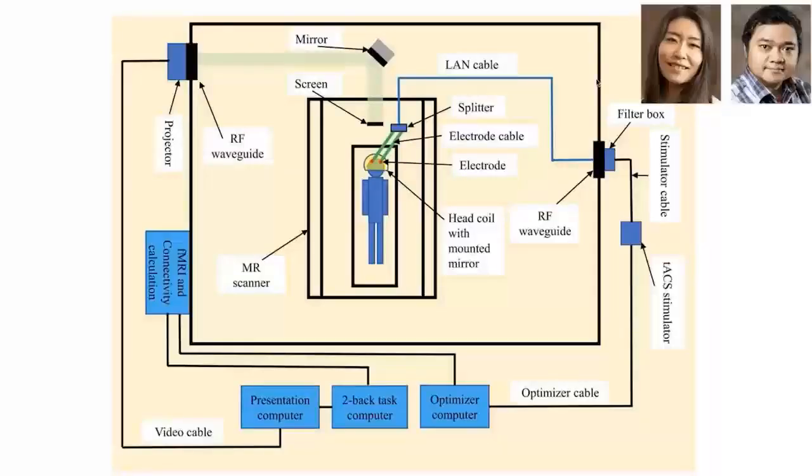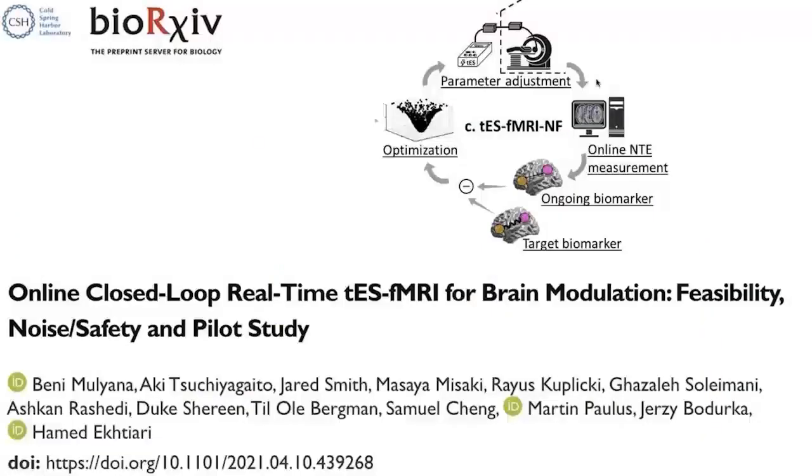We have recently been able to put together a full setting for closed loop tES-fMRI, and we put together a recent protocol paper about the feasibility of this kind of new setting that could optimize the timing of the stimulation at an individual level. And this has recently been accepted in Brain and Behavior, so it will be out soon.